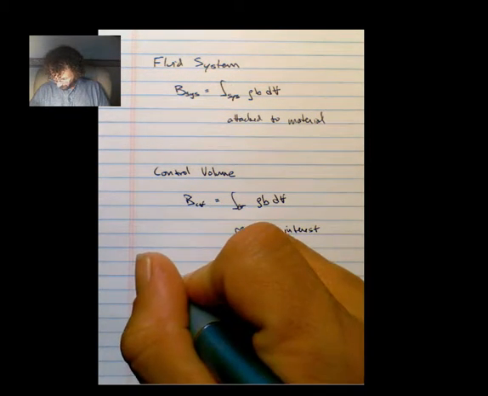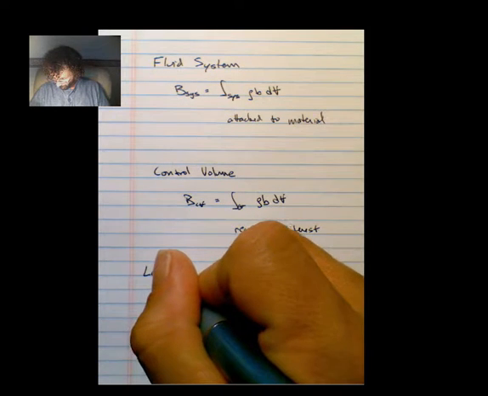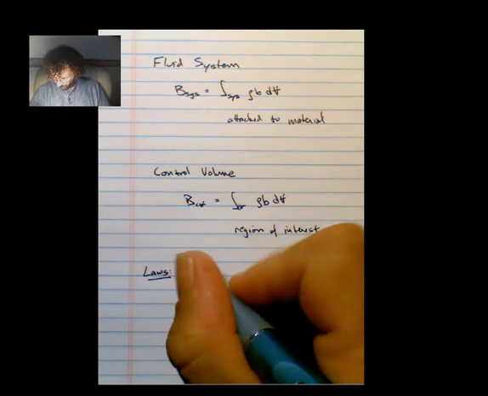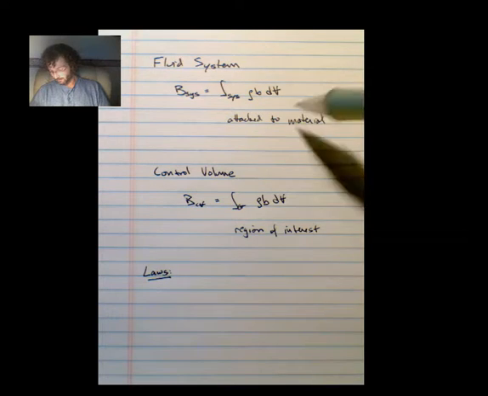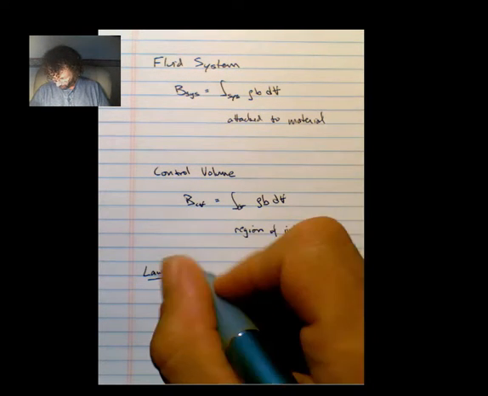Our physical laws say something about the system. This is the Lagrangian perspective. This is the Eulerian perspective.